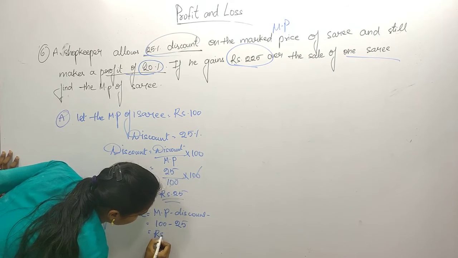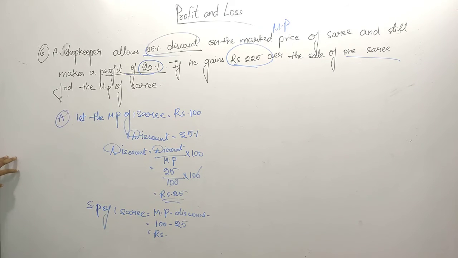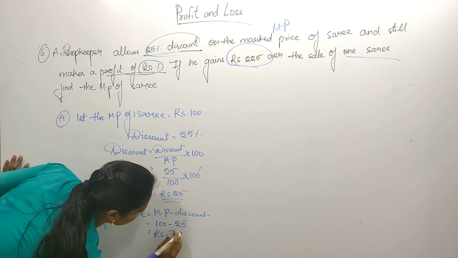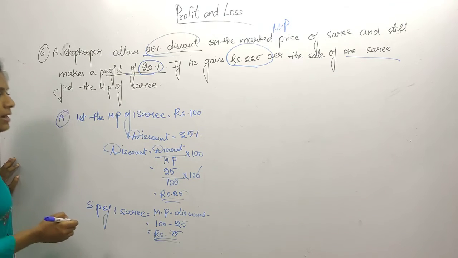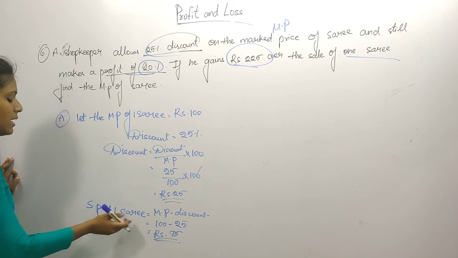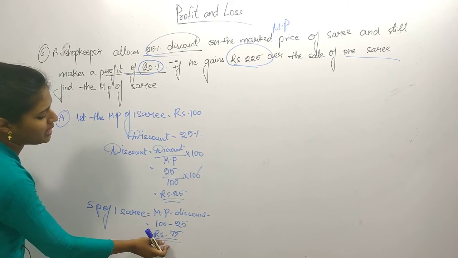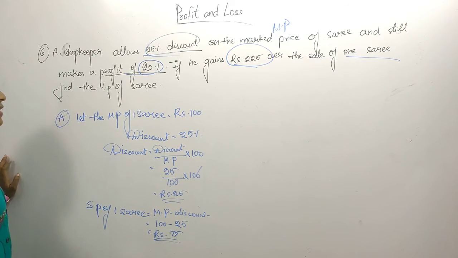After subtracting both, what will the answer be? Rupees 75. Selling price of one saree we found out: rupees 75.